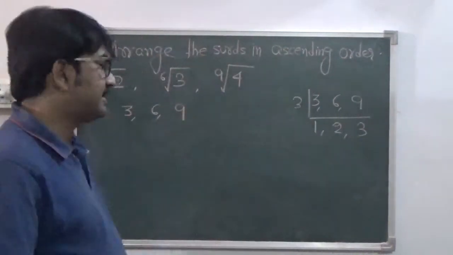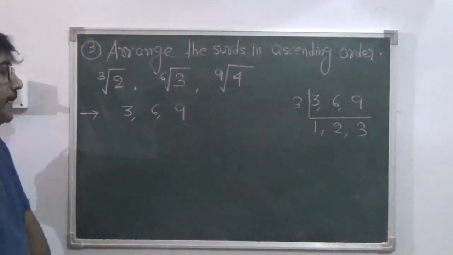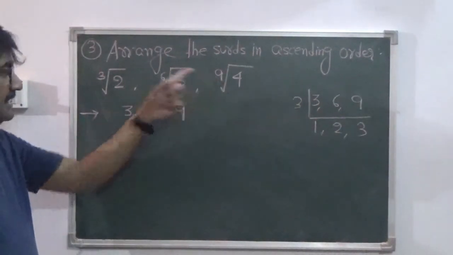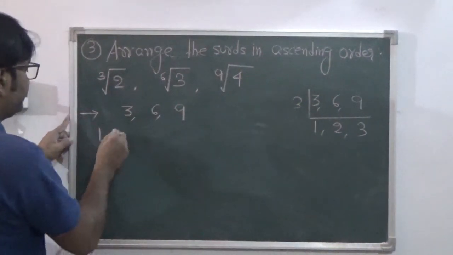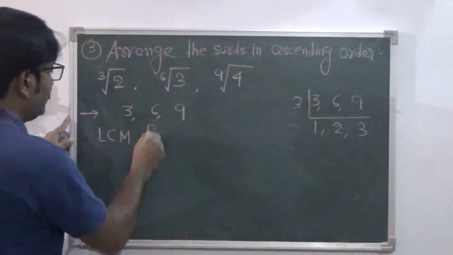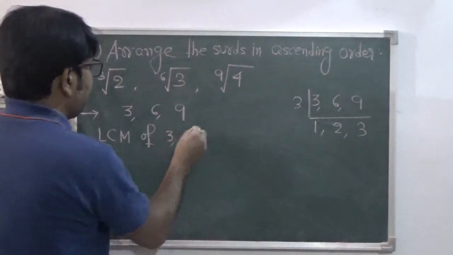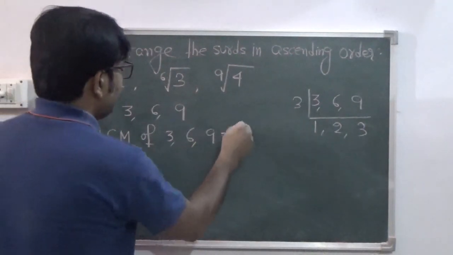So the LCM is 18. What we do here is make the order of each of these surds equal to the LCM. So the LCM of 3, 6, 9 equals 18.